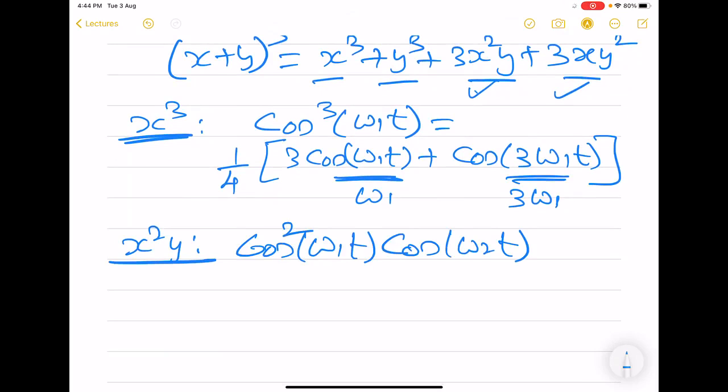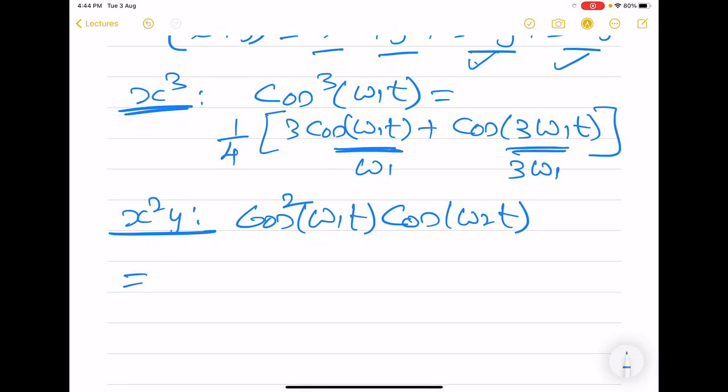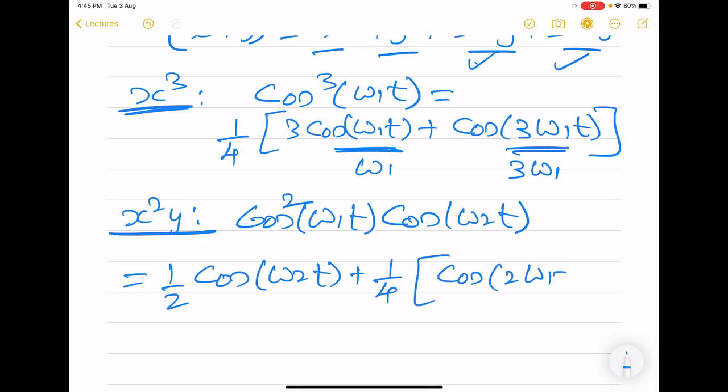So if we carry out the expansion of this, what we will get is 1 by 2 cos omega 2t, the fundamental, plus 1 by 4 cos 2 omega 1 minus omega 2 t plus cos 2 omega 1 plus omega 2 t.